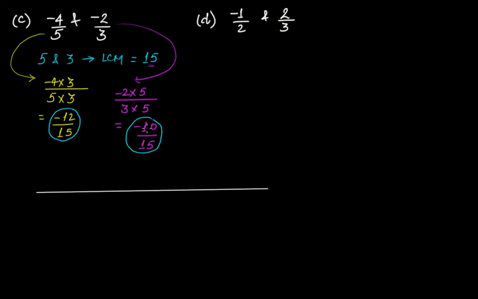Which one will be the greater number? As I have told you, whenever you compare two rational numbers, if the denominators are the same, then you look at the number which has the smaller value with the negative sign, that will be the greater one. So this is -10, this is -12. Of course, -10 is greater than -12.